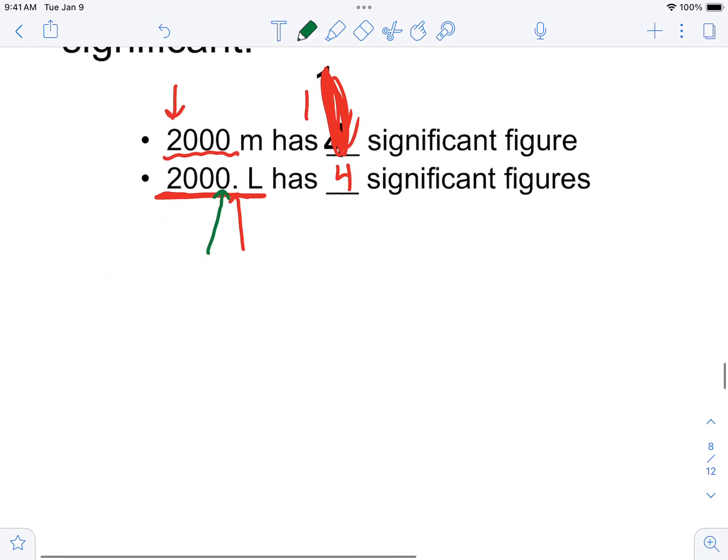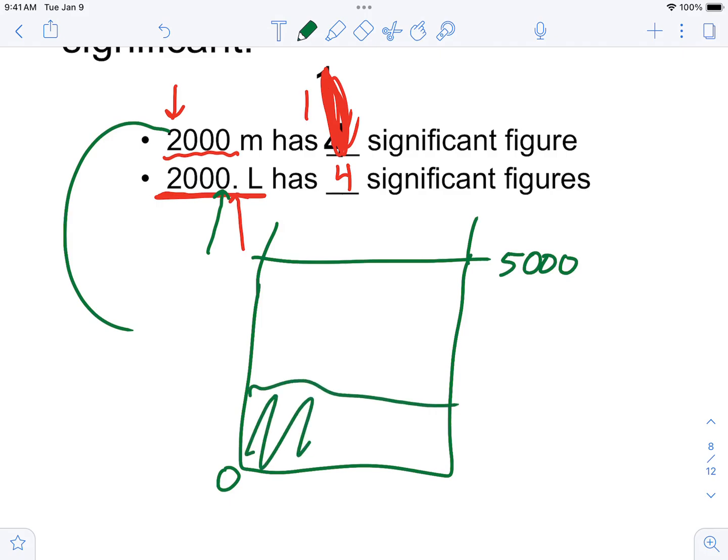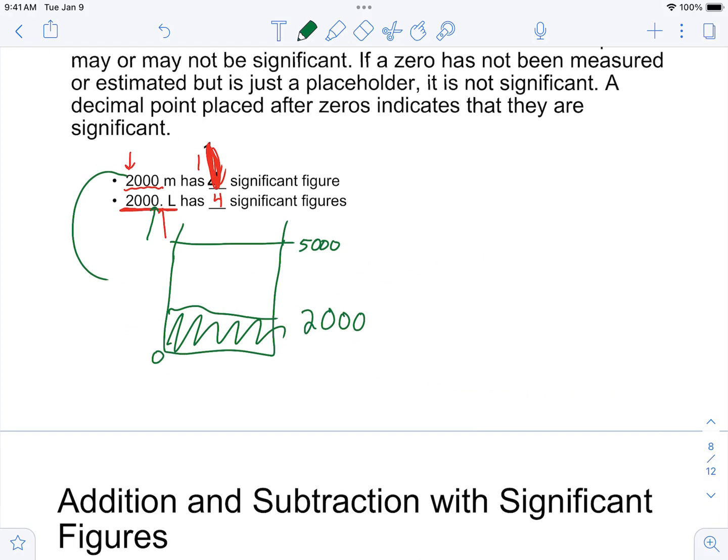For the top example, you could have a piece of glassware and you have 0 here, and then you have a line here like that, and then you have water here, and all this is water. Well, you have no idea. You know it's between 0 and 5,000. So you don't know if it's 3,000 or 4,000, so you're guessing that too. And then you know it's in the thousands, so that's your placeholder. So that's an example of that.